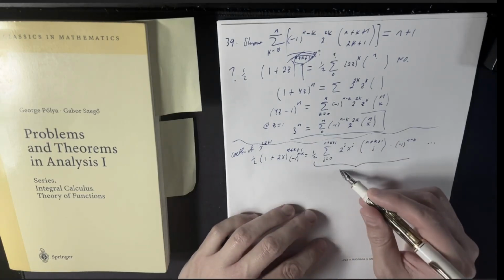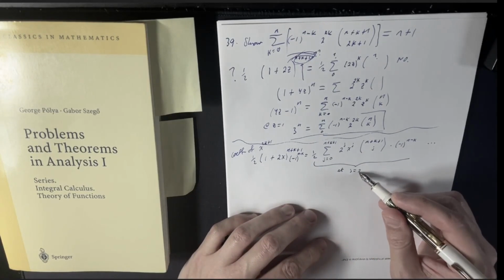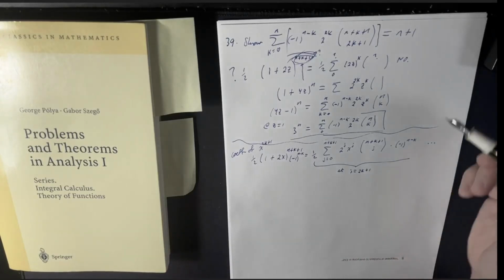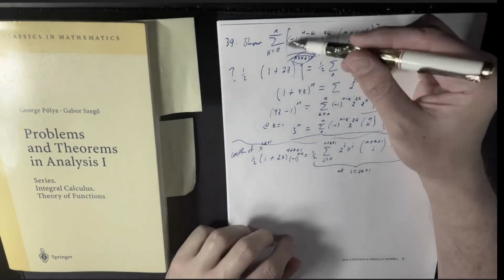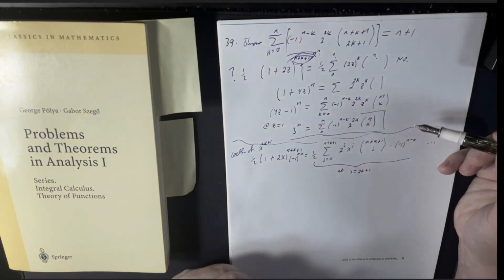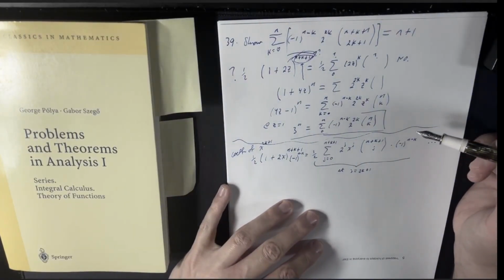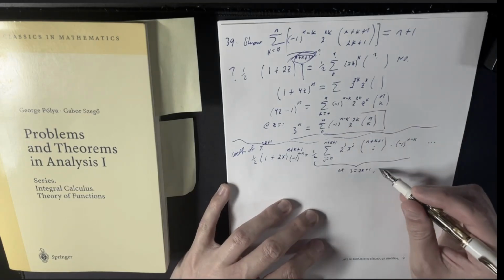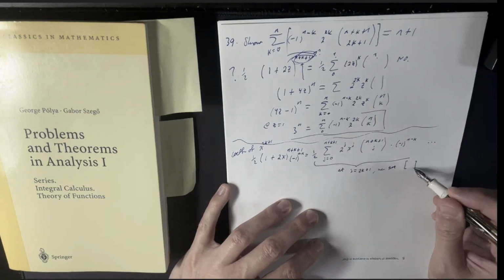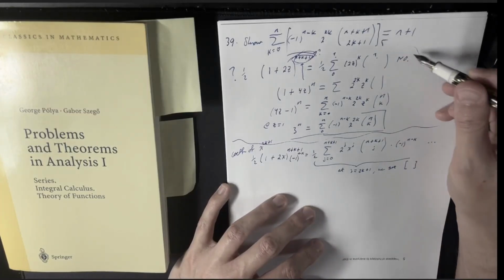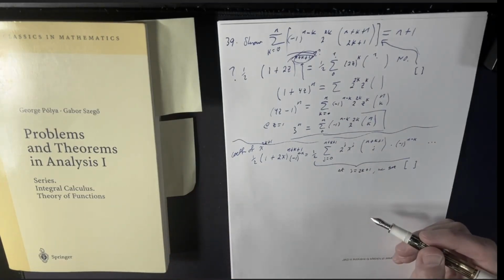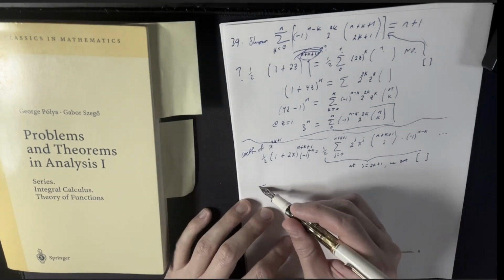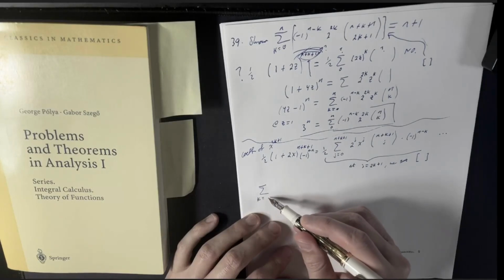So for one thing, just for this one particular coefficient, 2k plus 1, you'll get the stuff in brackets, right? And so we're supposed to be summing as k goes from 0 to n.